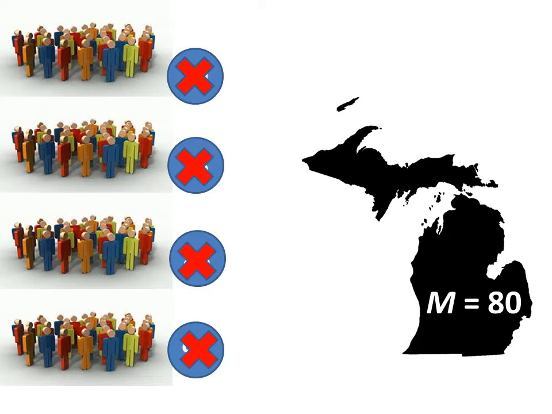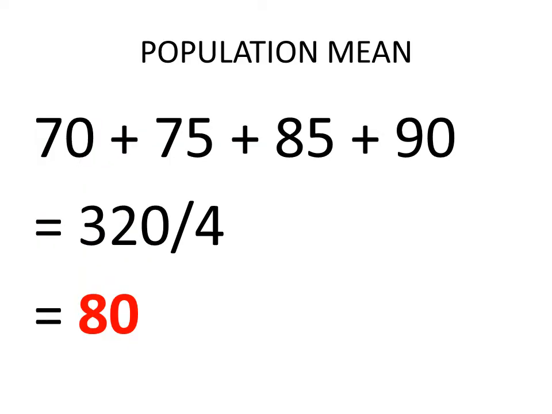None of these sample means are equal to the population mean of 80. None of them. Some were too high, some were too low, but when we look at the average of all 4 of these sample means, we actually find that it is in fact the population mean.